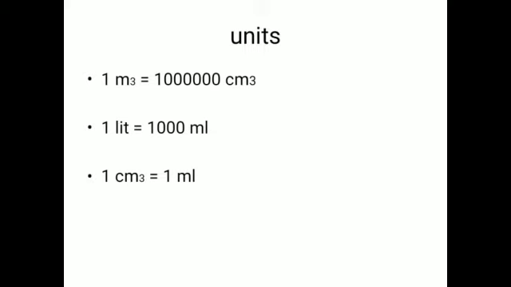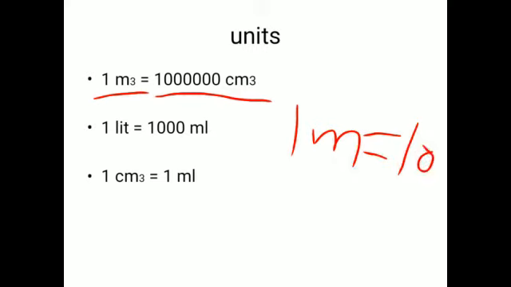The further units of measuring volume: 1 cubic meter is equal to 1,000,000 centimeter cube. How did it happen? I tell you, as 1 meter is equal to 100 centimeter.